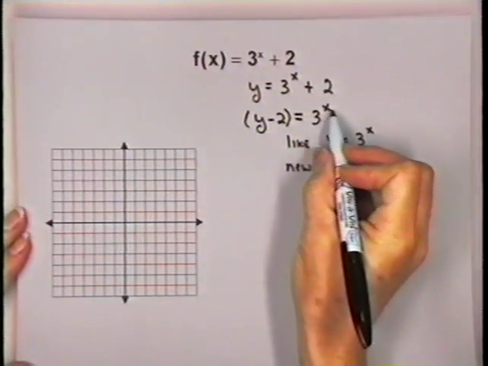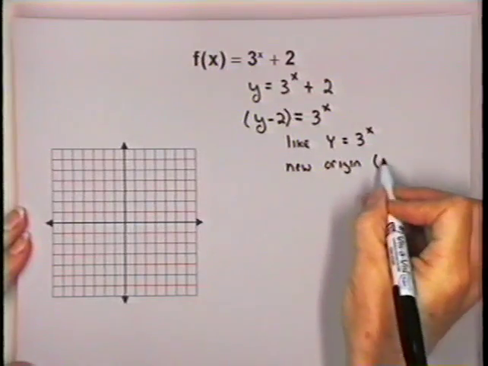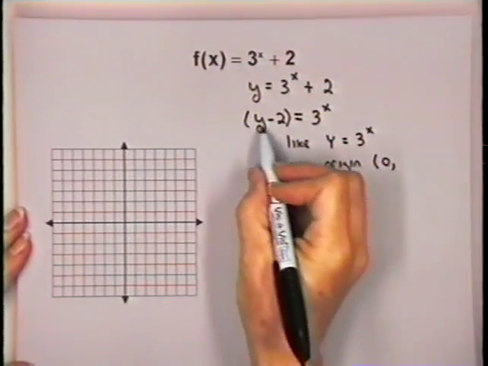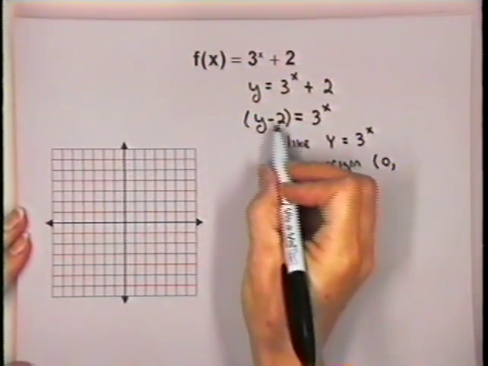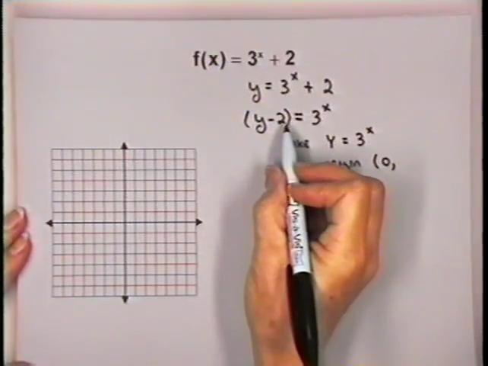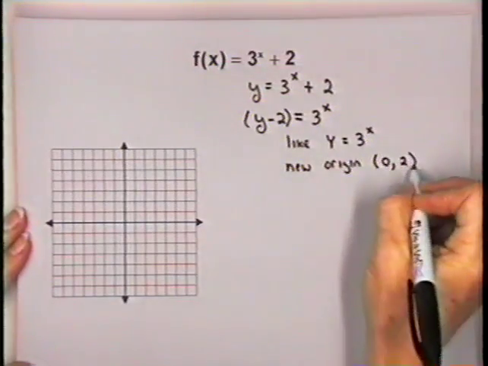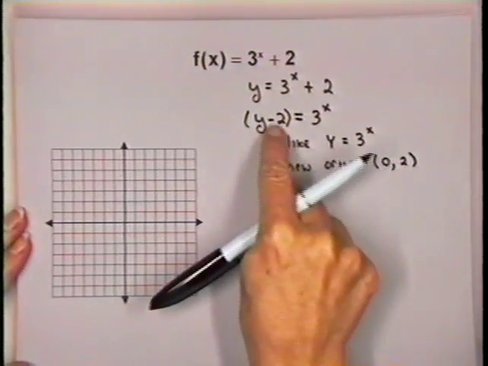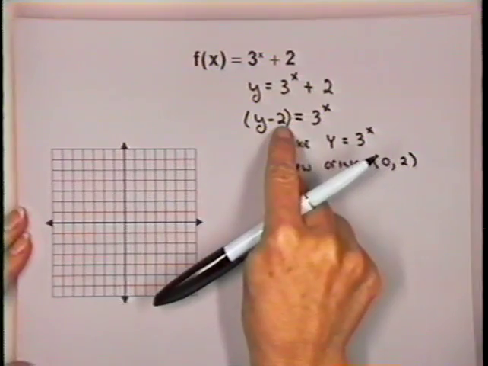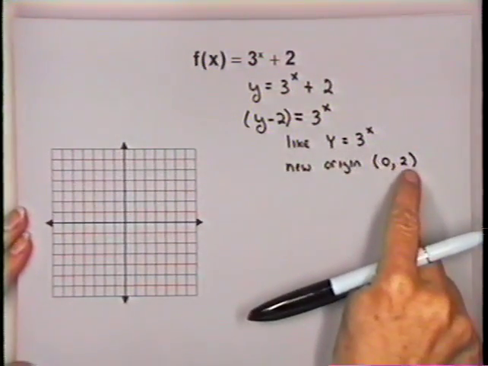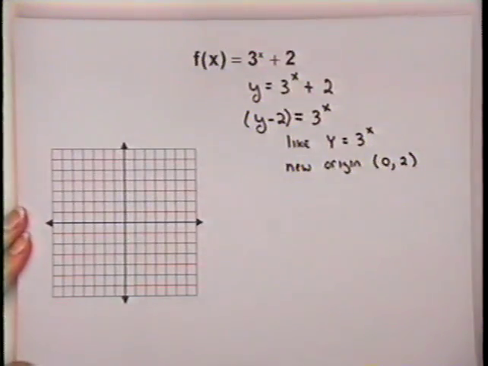Notice nothing was added or subtracted to x, so my x coordinate is still going to be 0. But look at this. Remember, if you have y minus 2, that's a translation which way? It's up 2. Now, one way that I tell my students to kind of remember that, if you take y minus 2 and set it equal to 0 and solve for y, you'll get y equals positive 2. So that's an easy way to find where that new origin is.